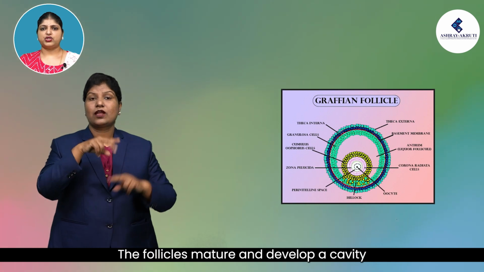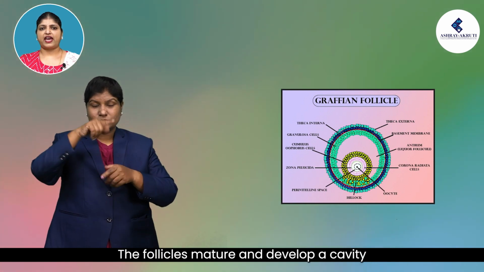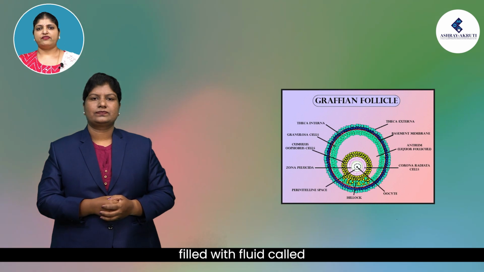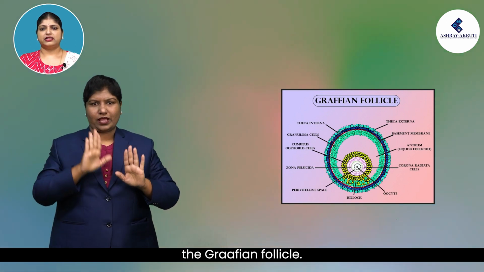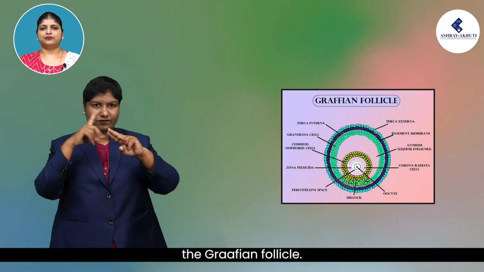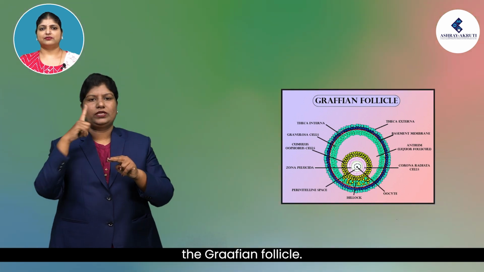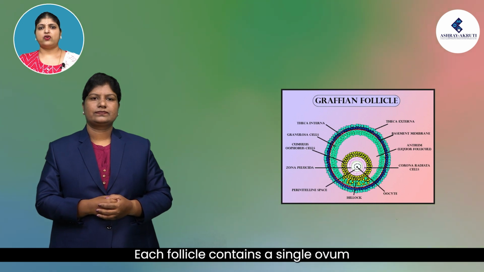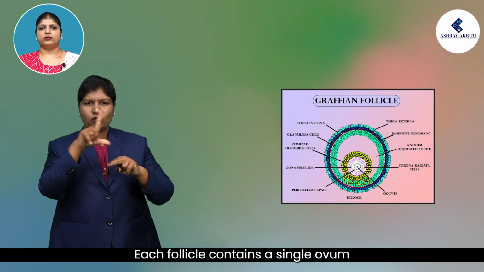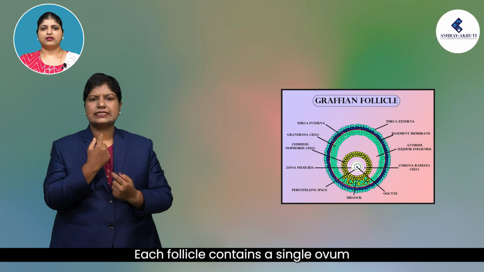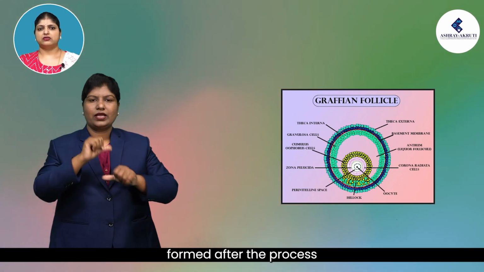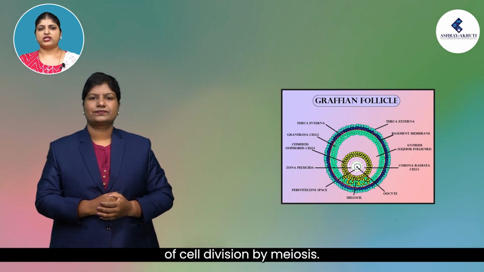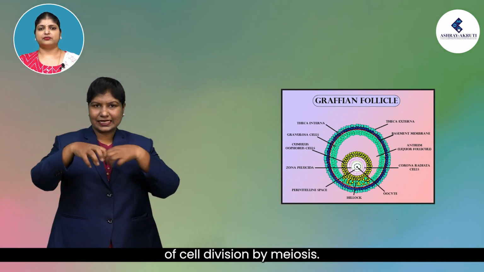The follicles mature and develop a cavity filled with fluid called the Graafian follicle. Each follicle contains a single ovum formed after the process of cell division by meiosis.